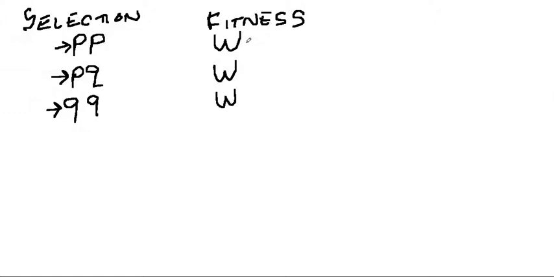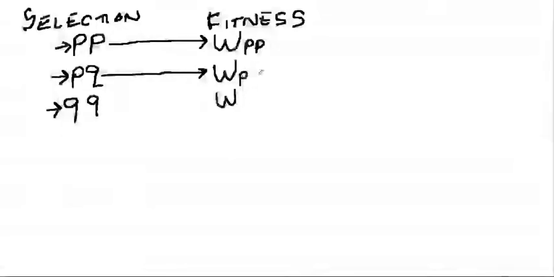And we represent that by using the variable for fitness subscripted with the genotype, so that the fitness of the PP genotype is represented by WPP, the fitness of the heterozygote is represented by WPQ, and the fitness of the QQ homozygote is represented by WQQ.